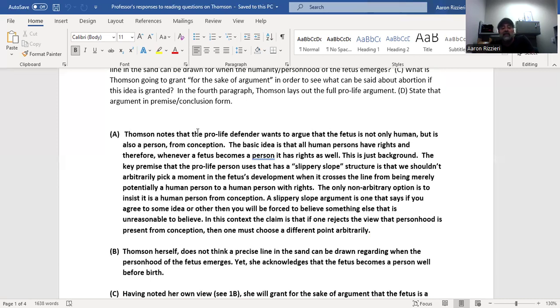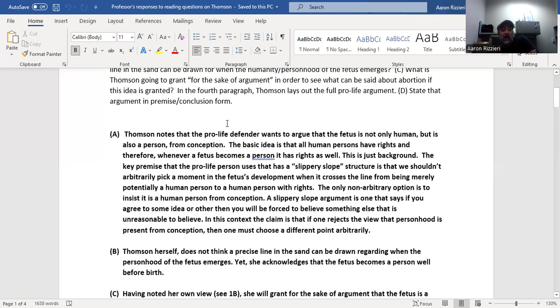The key premise that the pro-life person uses that has a slippery slope structure is that we shouldn't arbitrarily pick a moment in the fetus's development when it crosses the line from being merely potentially a human person to a human person with rights. Hence, the only non-arbitrary option is to insist it is a human from conception.